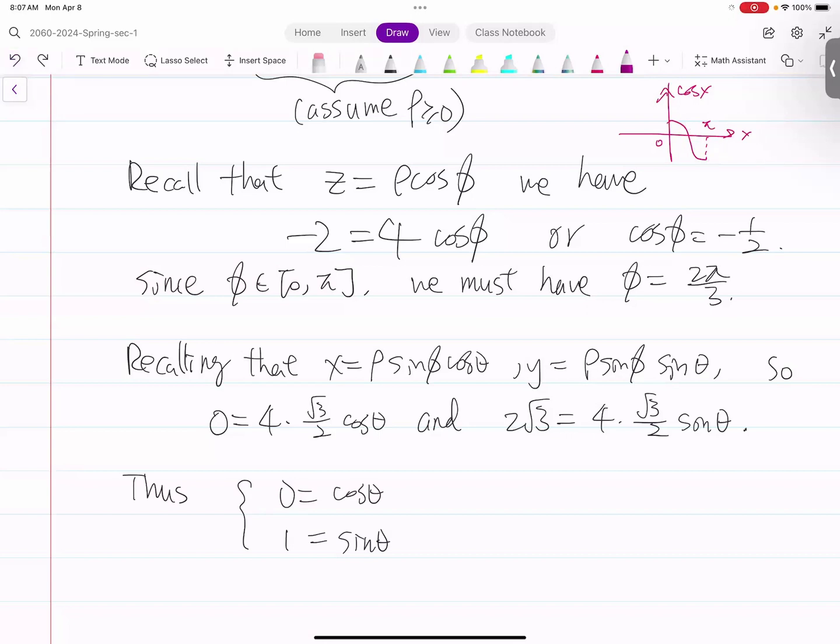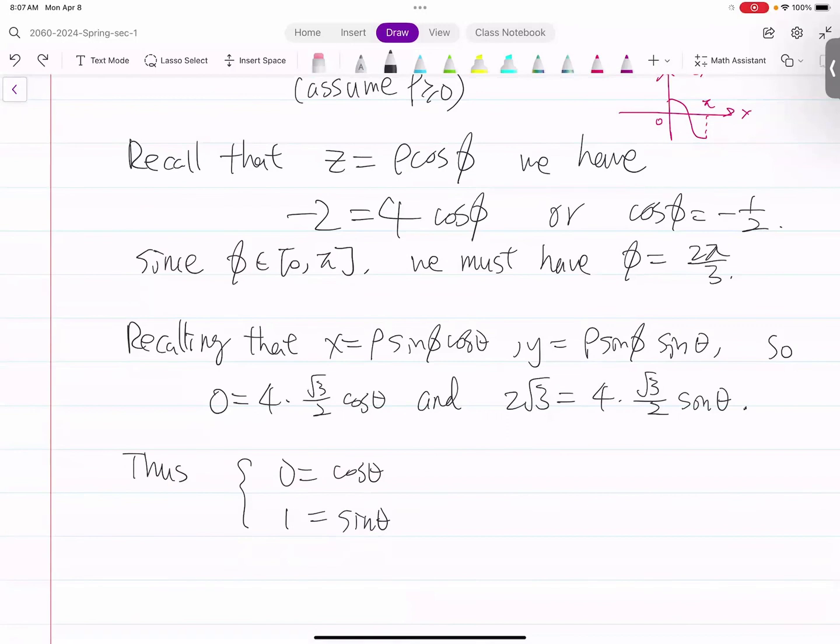Okay, so that tells us theta must be π/2. Since theta is between 0 and 2π, we have theta must be π/2. Okay, so there's only one angle for that.